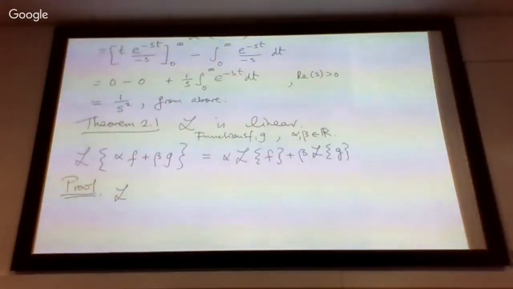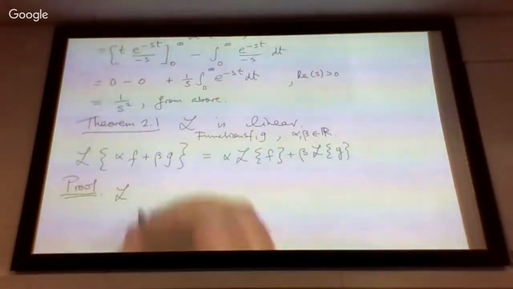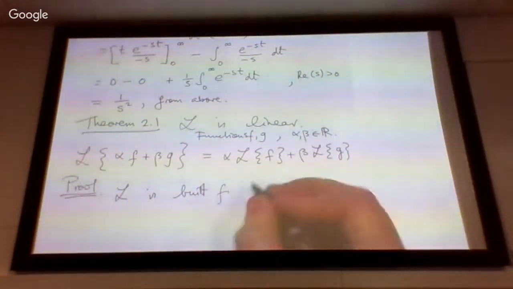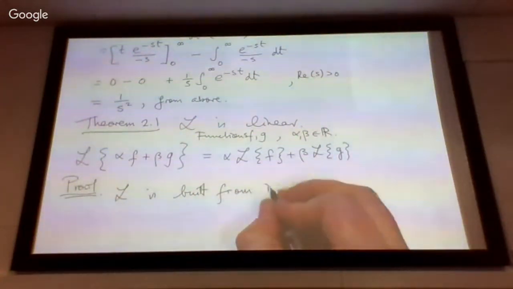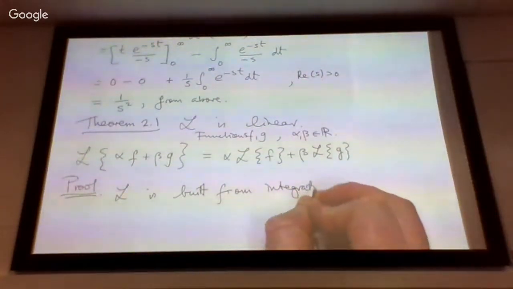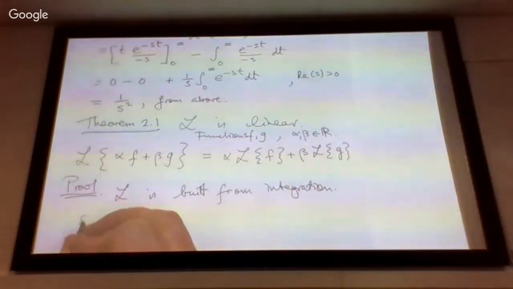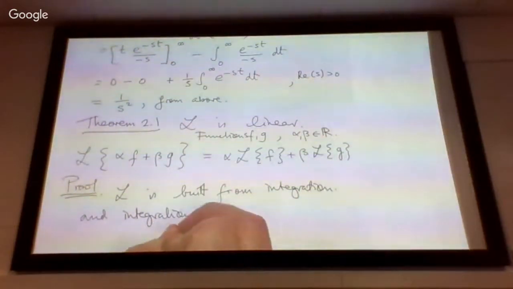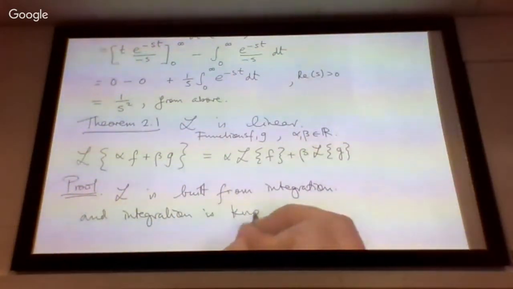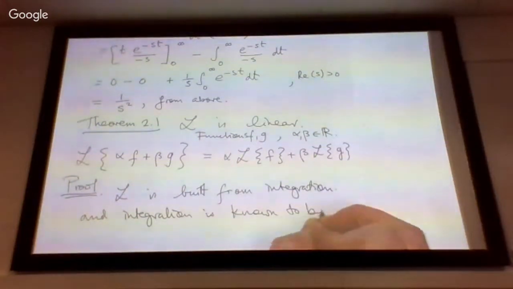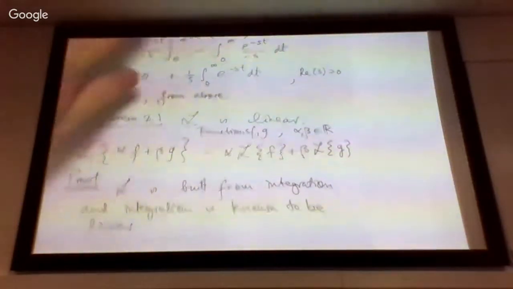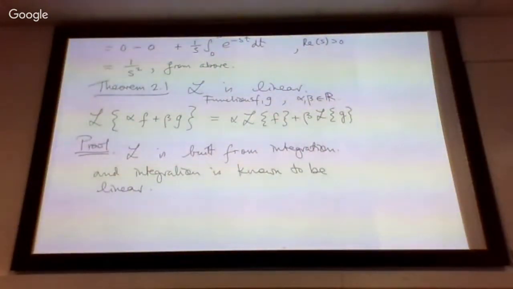The Laplace transform is built from integration, and integration is known to be linear. Because the Laplace transform is just a certain kind of integral, it too will inherit that linear property.